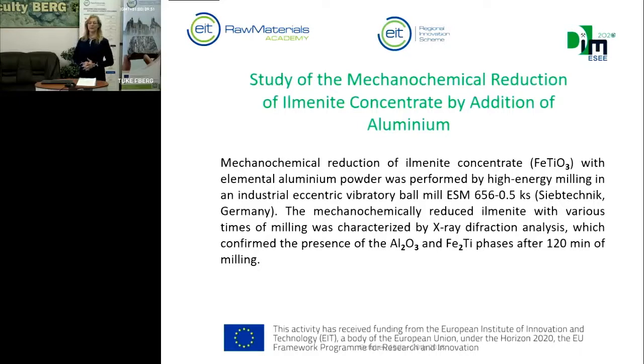We studied the mechanochemical reduction of ilmenite concentrate by addition of aluminium, and it was very nice work because in this work we were able to study the changes in the oxidation state and the changes in the structure of ilmenite.